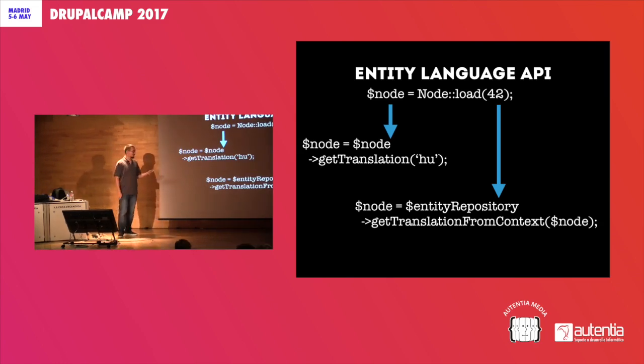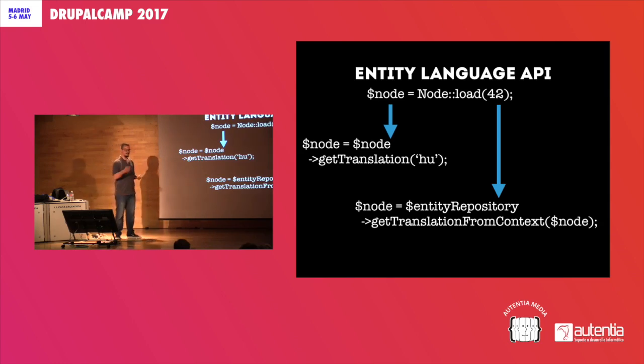Here we are saying get translation Hungarian, but if we don't really know which language we should be rendering in, we can use the current negotiated language in the page, and in the entity repository class, we have the get translation from context. We pass the object, and we will get back the translated object for the current language.